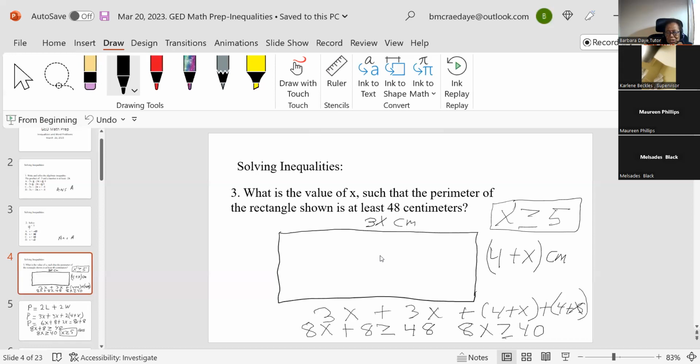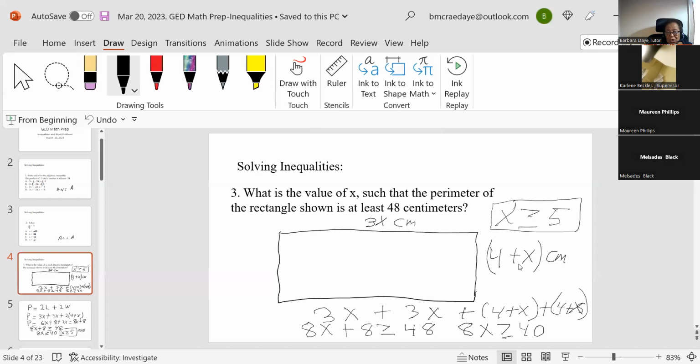Questions? If you had 3 times x, what's 3 times 5? 15. What's 4 plus 5? 9.